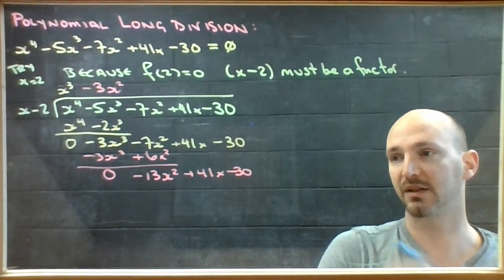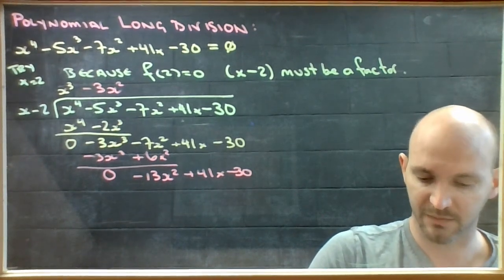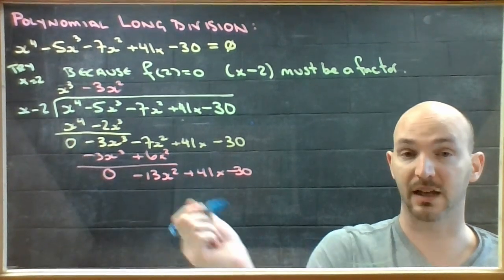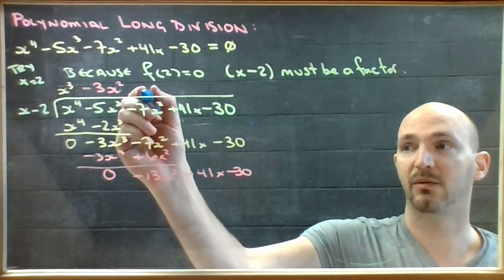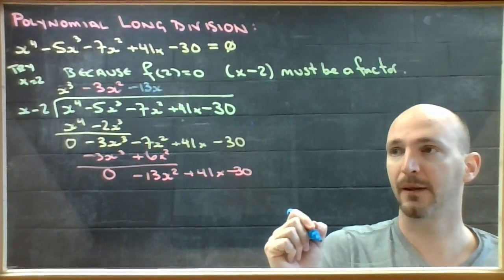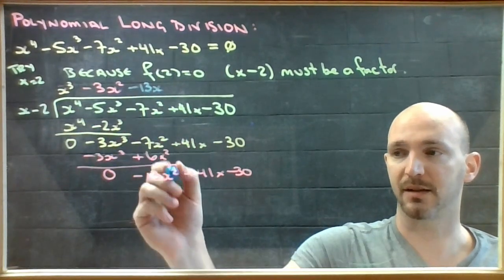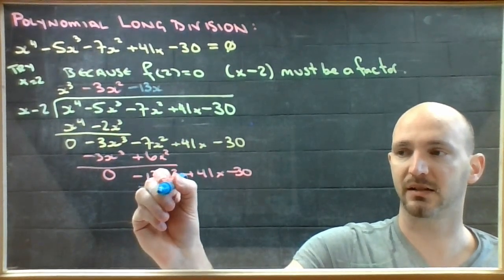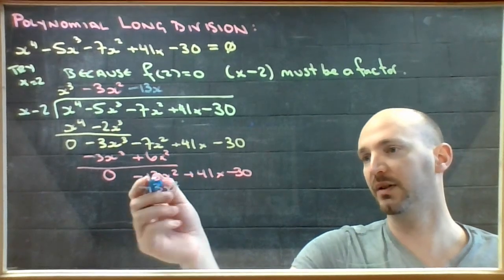So I ask myself again, what would I have to multiply x by to get minus 13x squared? Well, it would have to be minus 13x. Minus 13x times x is minus 13x squared. I think my blue has finally bit the biscuit.